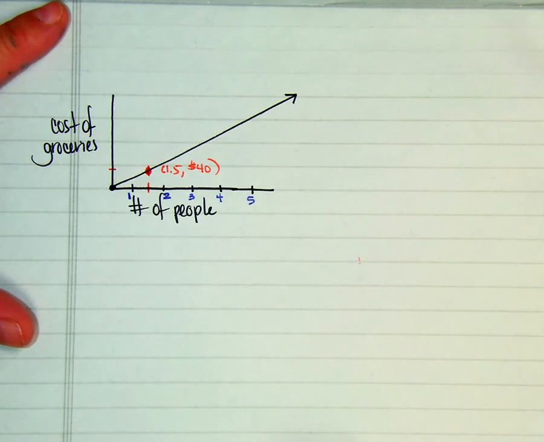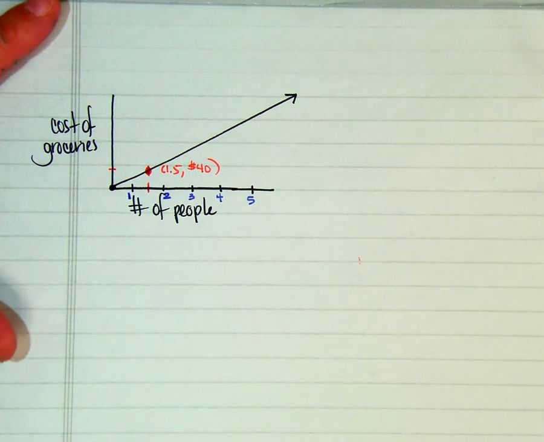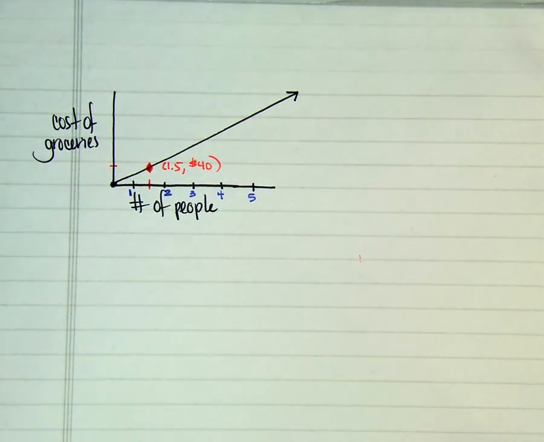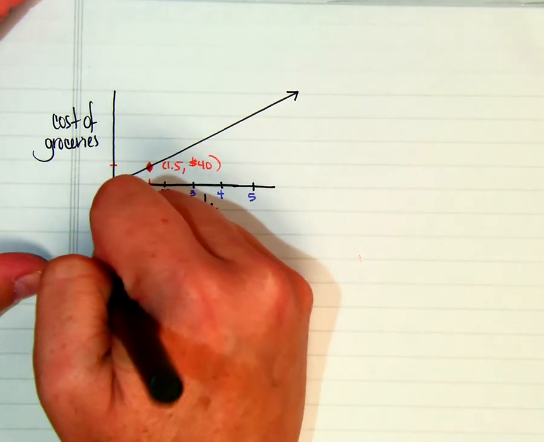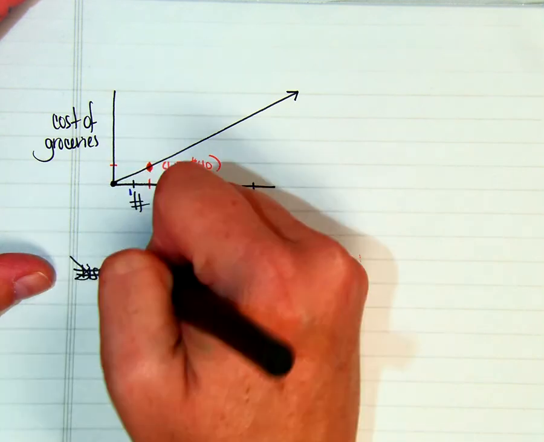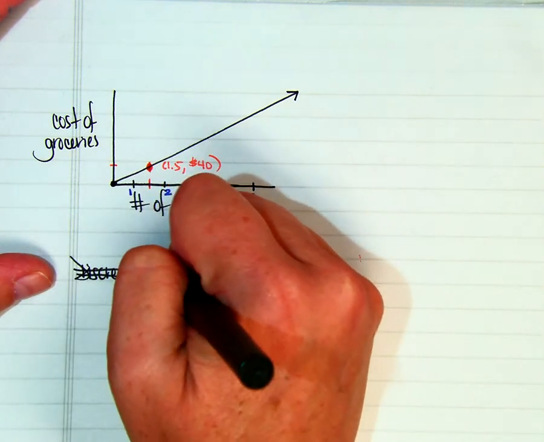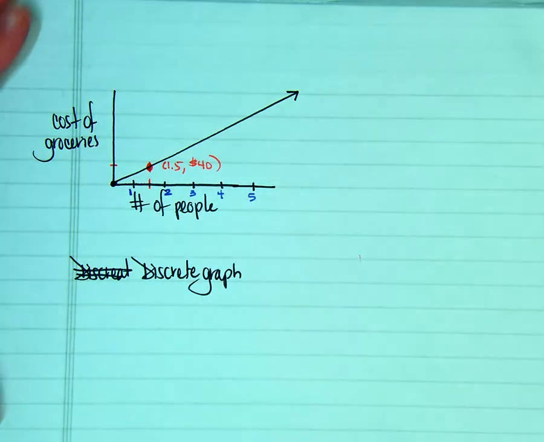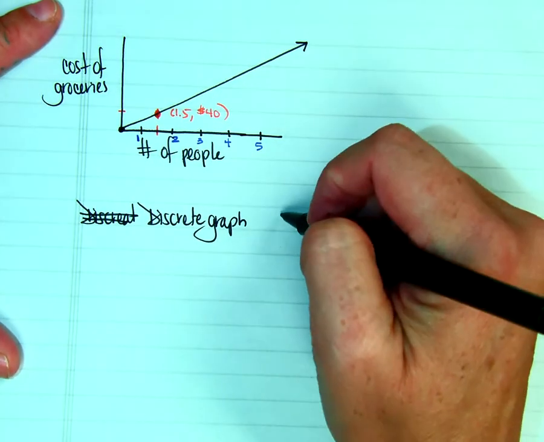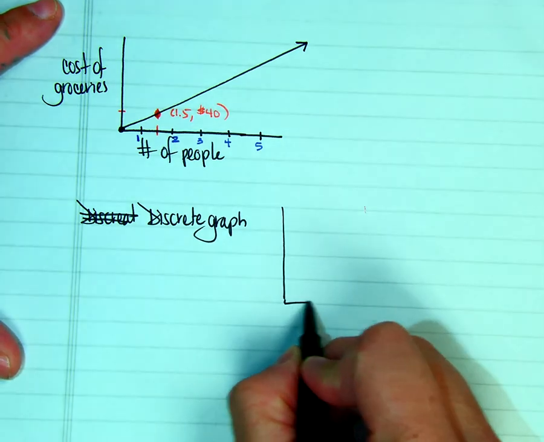Are we ever going to have half a person or a third of a person? So this would be a situation when you would want to have a different kind of graph called a discrete graph. Let's spell it. Okay, so we would need a discrete graph, which would be the same situation.